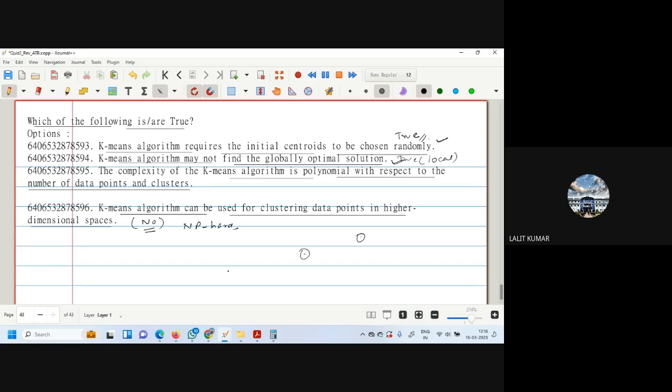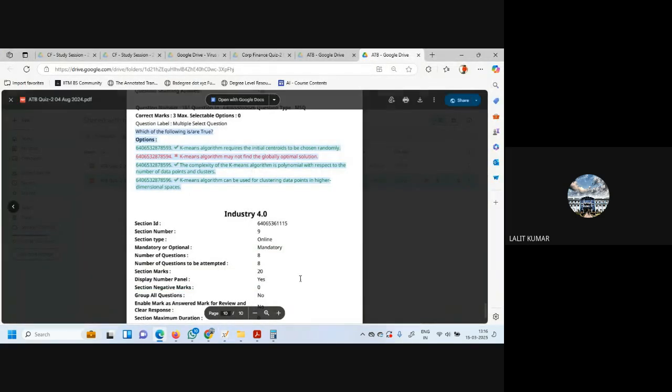The complexity of the K-means algorithm is polynomial with respect to the number of data points and clusters. This I am not sure about because this is an NP hard problem. So let's see the answers they have given. Okay, so all are correct.